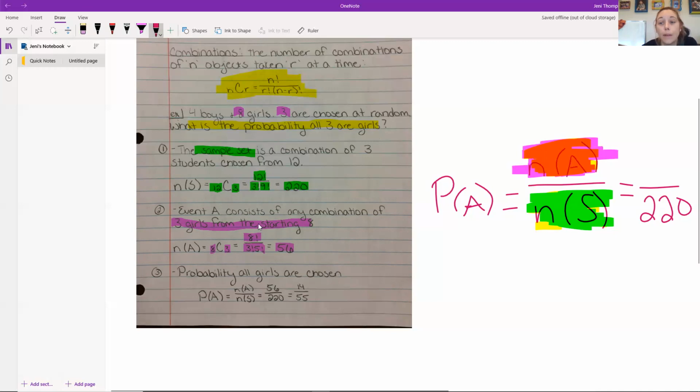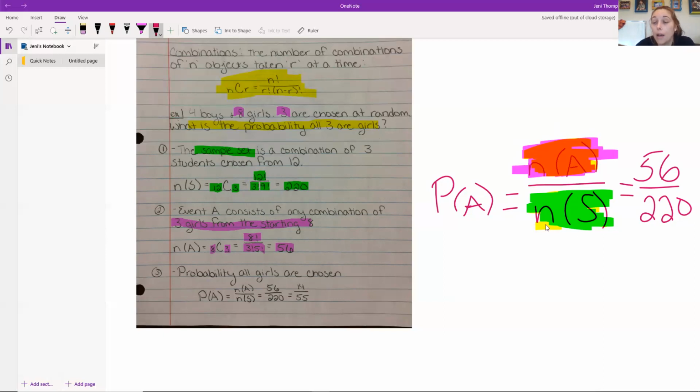So the number of possible outcomes for our event A is 56. There we go.